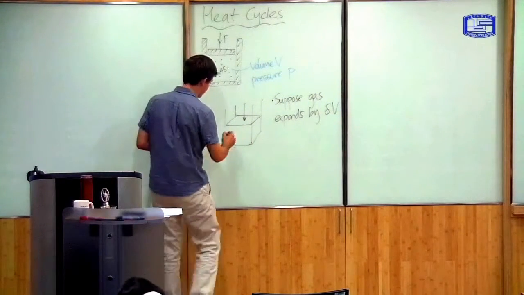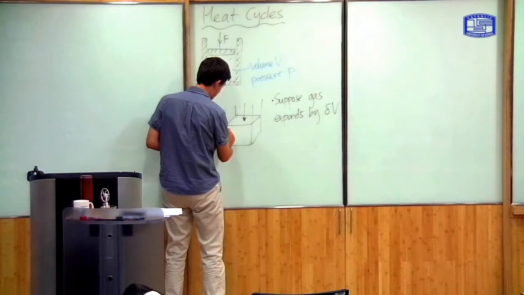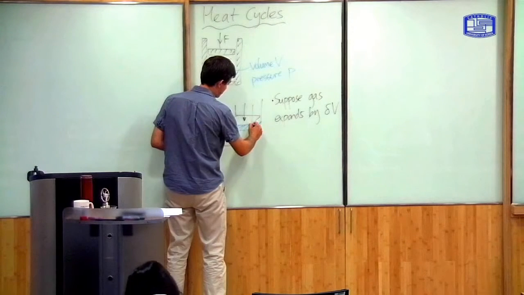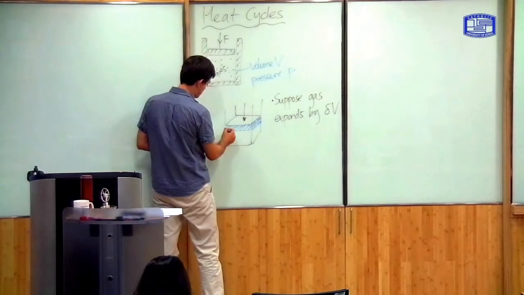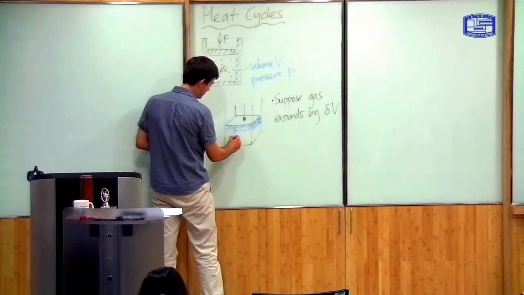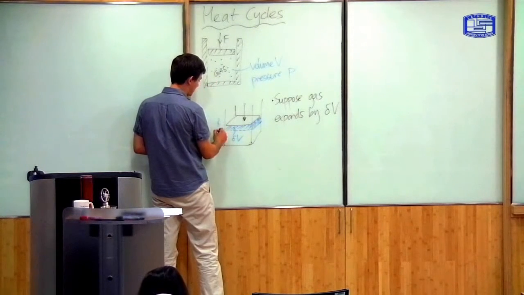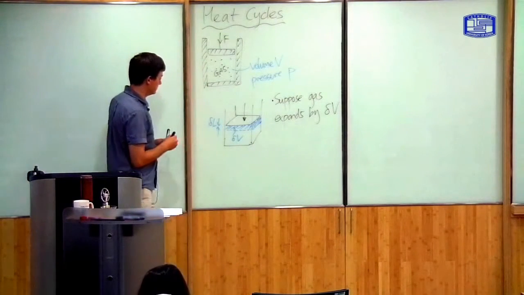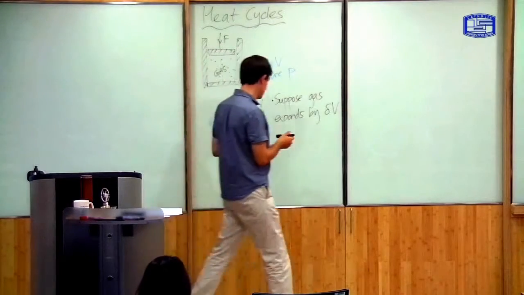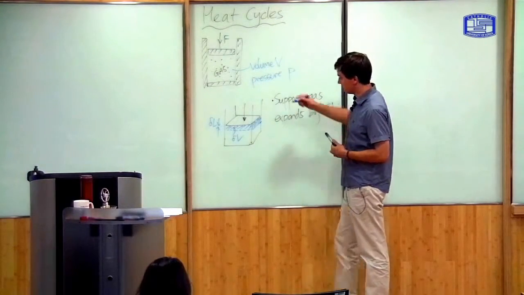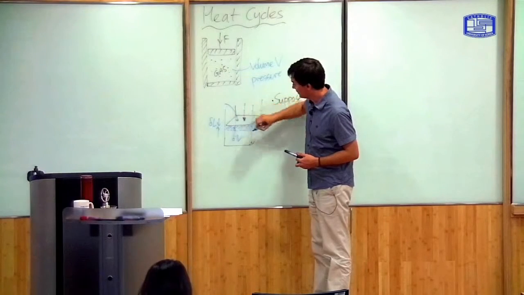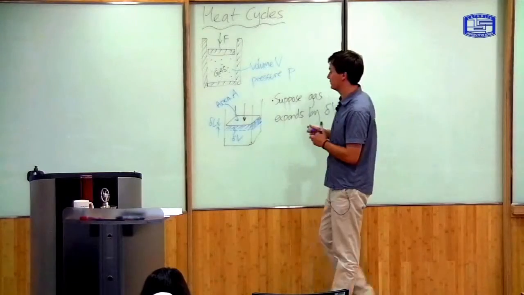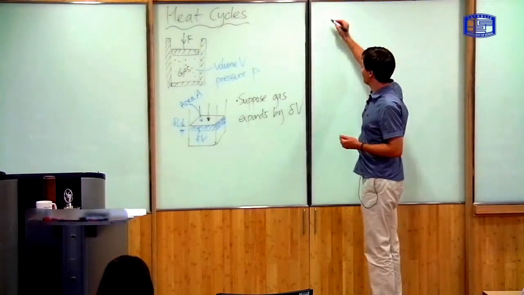If I draw this on this diagram here, so beneath here I've got the gas, and the gas expands a bit, so let's say it expands by this amount. Okay. So this is delta V. That means a change in length here, which I can call delta L. And we can assume that this piston here, the top of the box, has an area equal to A. So we can say some things in this case.